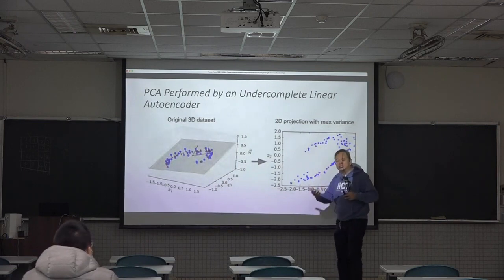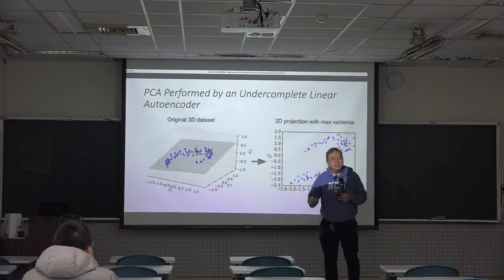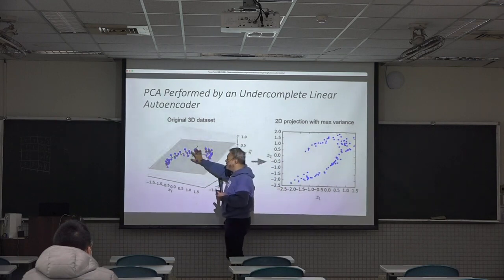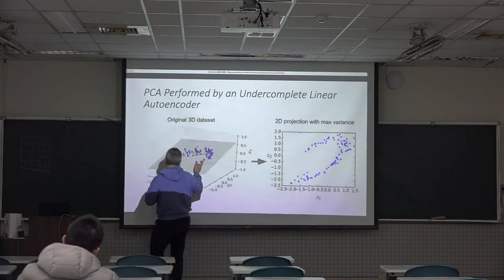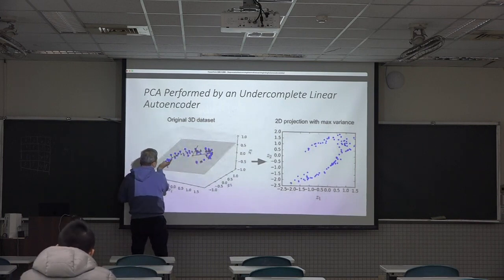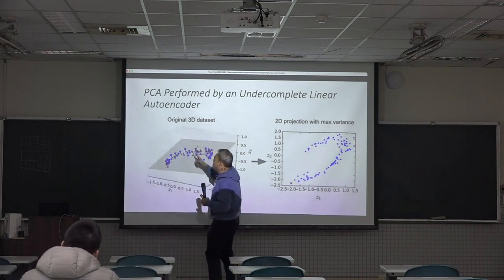Another way to say this is that you want to preserve the direction of the data set that has the largest variance, which obviously is maybe somewhere along this line. Once you get rid of this variance, you can see most of the points in this direction also have a large variance, right?